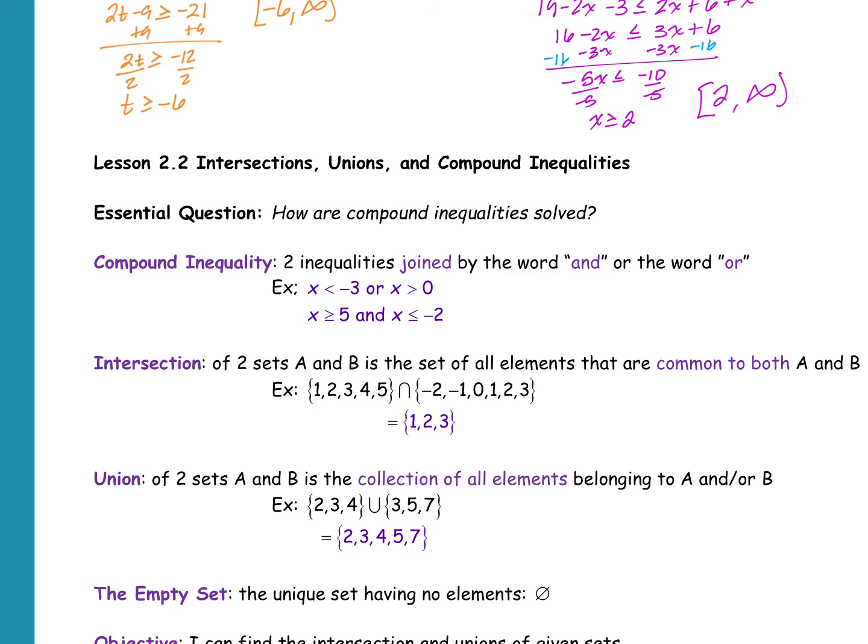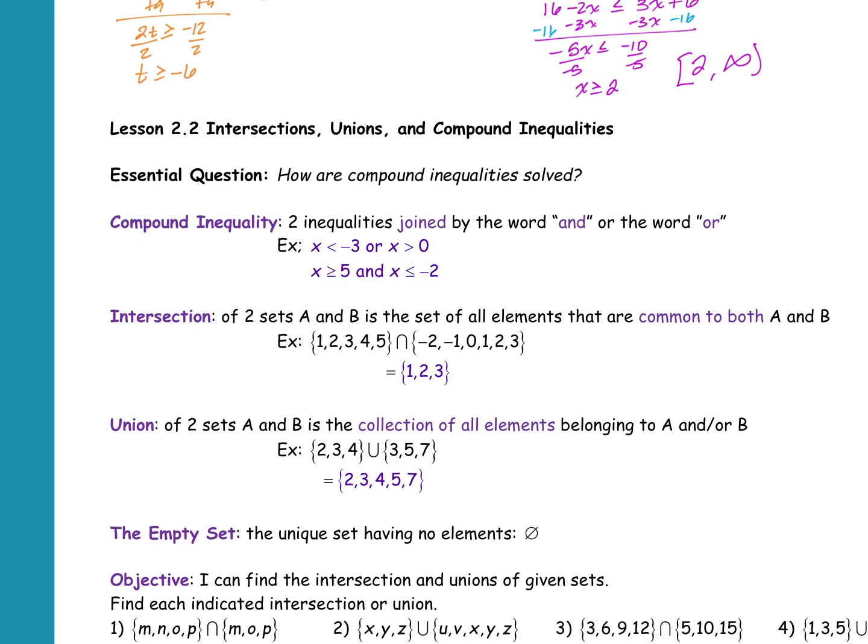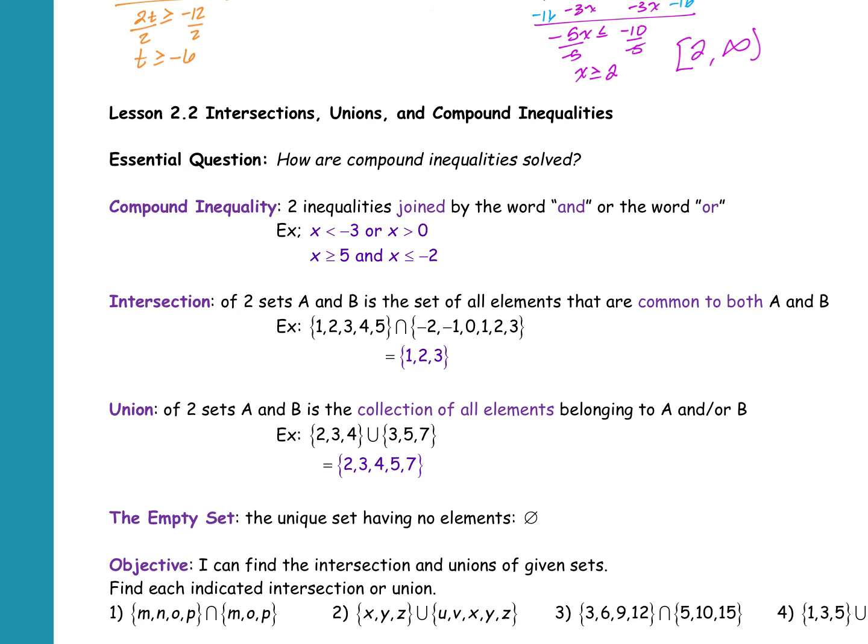An intersection of two sets, A and B, is the set of all elements that are common to both. So if I have 1, 2, 3, 4, 5 intersected with -2, -1, 0, 1, 2, 3, it's the ones that they have in common, which is 1, 2, and 3.